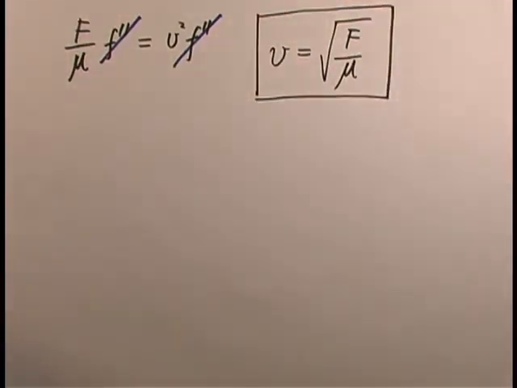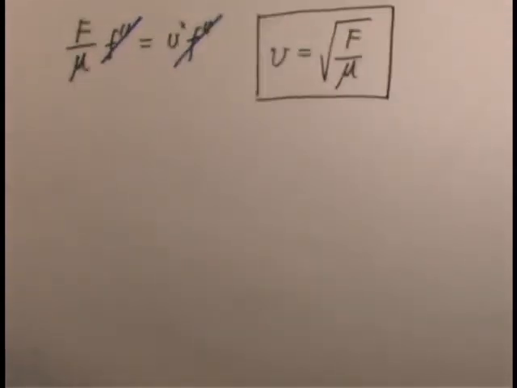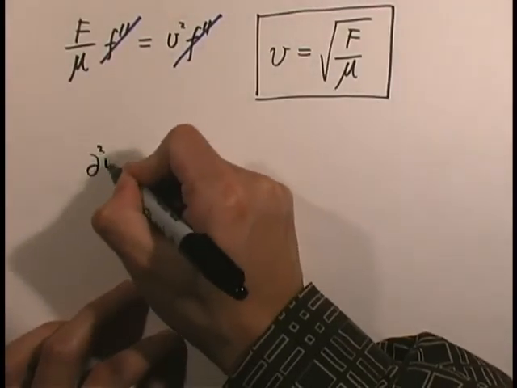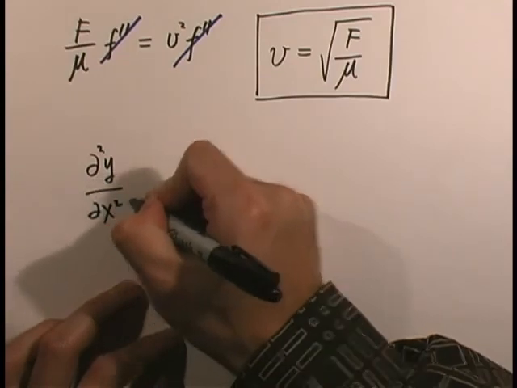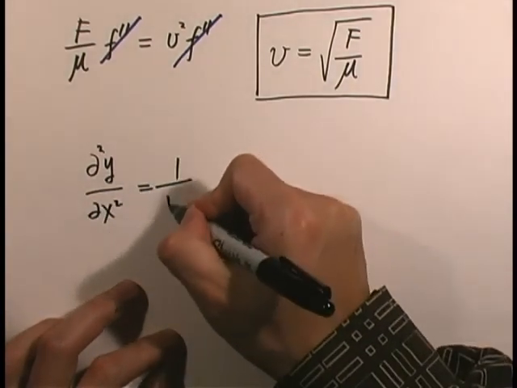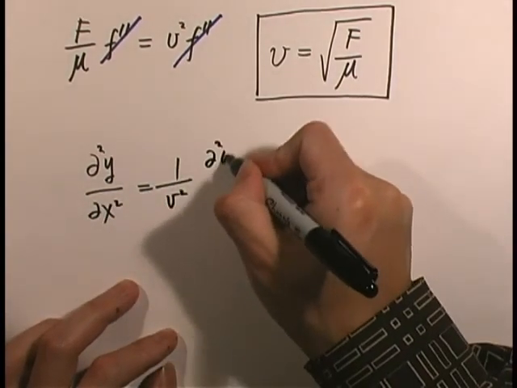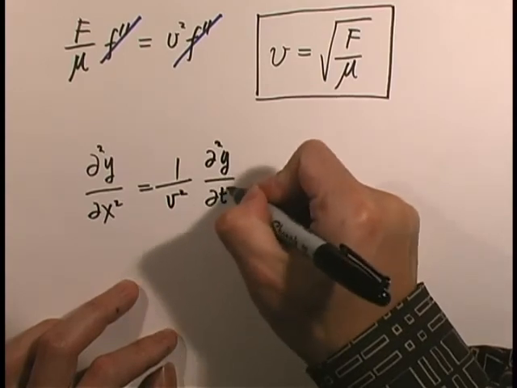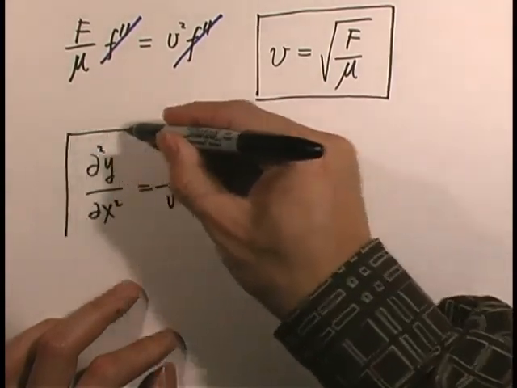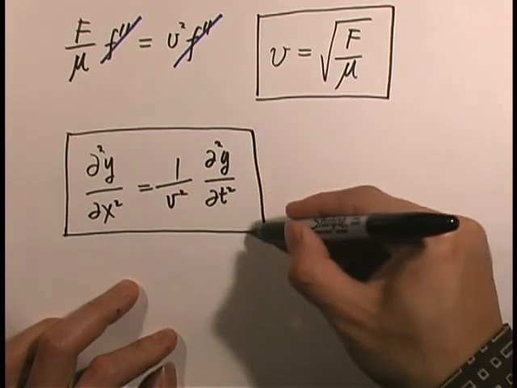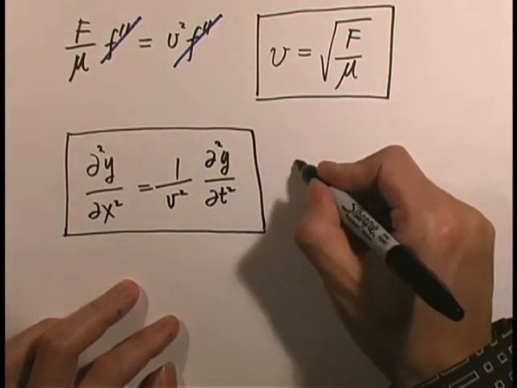What is v? That is the speed of the wave. Now, given that, I can rewrite the wave function by getting rid of F and mu, and rather write it in terms of the speed of the wave v. Then I can write it this way: the second partial derivative with respect to x equals 1 over v squared times the second partial derivative with respect to t. This is the famous wave equation.